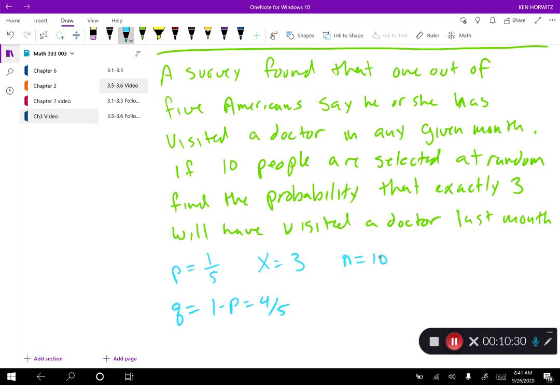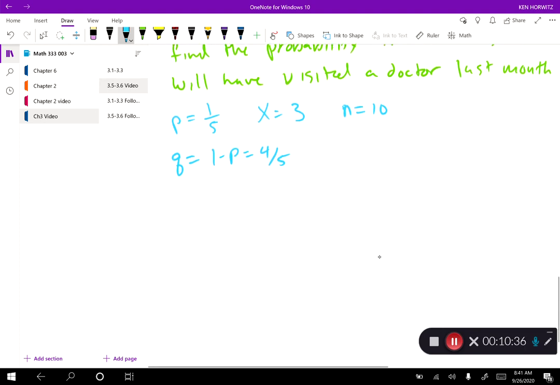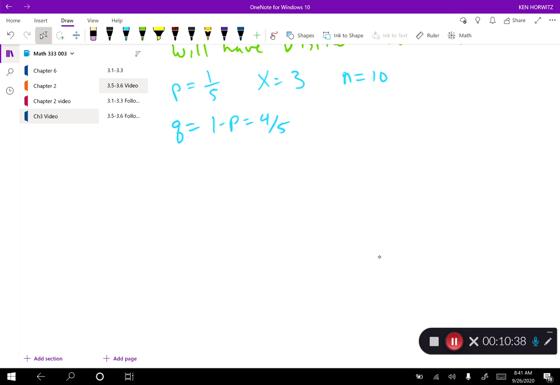My n equals 10. So at this point, I think I have almost everything I need to fill in the formula. So the probability of 3 is going to be 10 factorial over 7 factorial, 3 factorial. And if you're not sure where those numbers came from, go back and take a look at the formula.